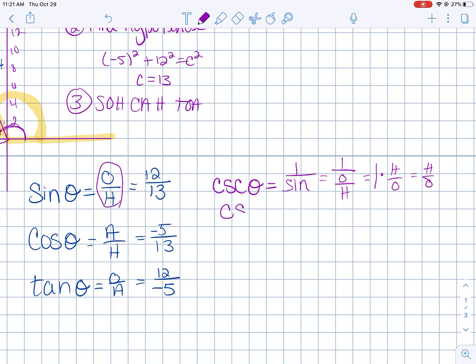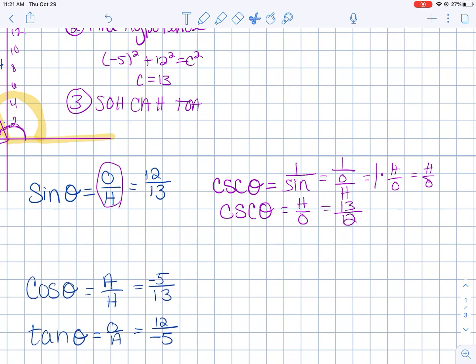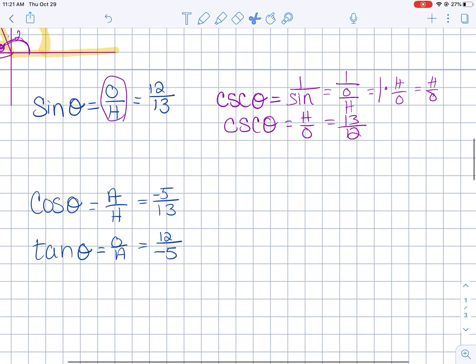So the cosecant here would be the hypotenuse divided by the opposite, which would be 13 over 12, all right? Similarly, cosine is closely related to the secant of theta, and that would be the hypotenuse over the adjacent, so that's going to be 13 over -5.